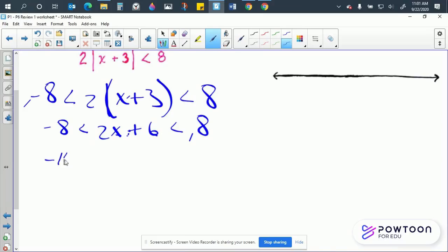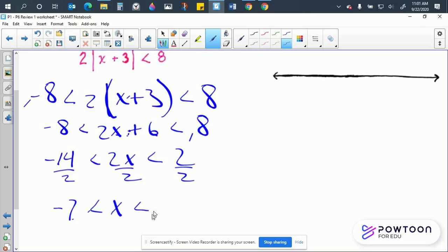So we have negative 14 is less than 2x, which is less than 2. Divide by 2 everywhere. And negative 7 is less than x, which is less than 1. So on our number line, we have negative 7 and 1. We're going to want the open parenthesis, greater than negative 7 and less than 1. So it's this area in between.